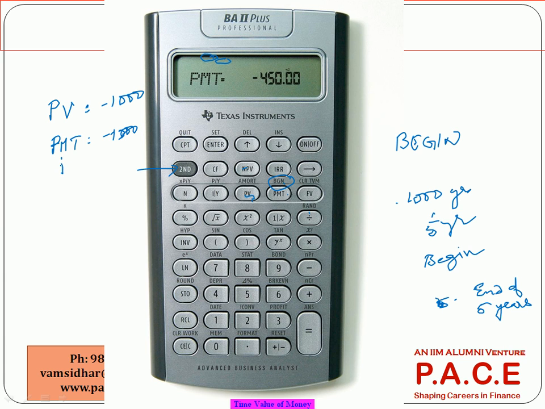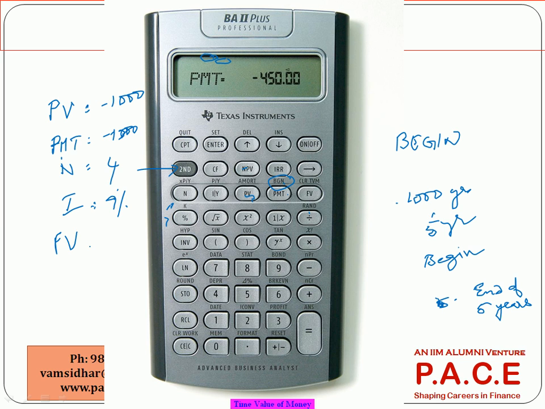I am doing a payment for 4 years: end of first year, end of second year, end of third year, end of fourth year. So all I can do is, whatever is the interest rate, I can find out the FV.